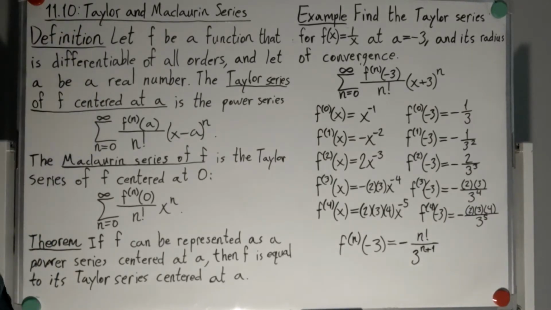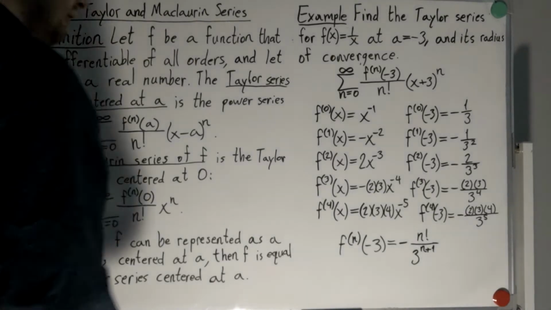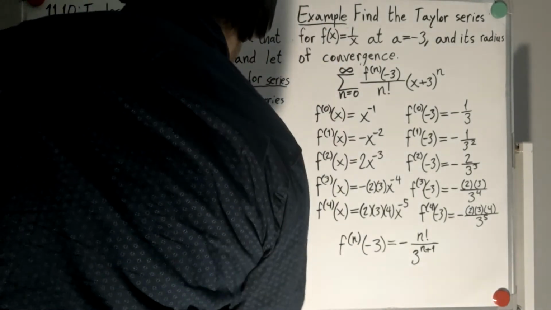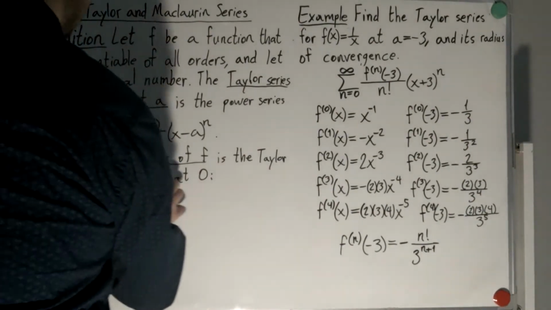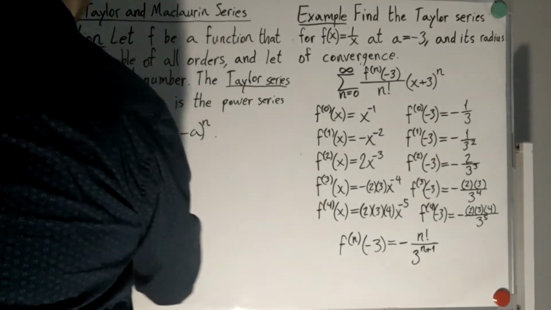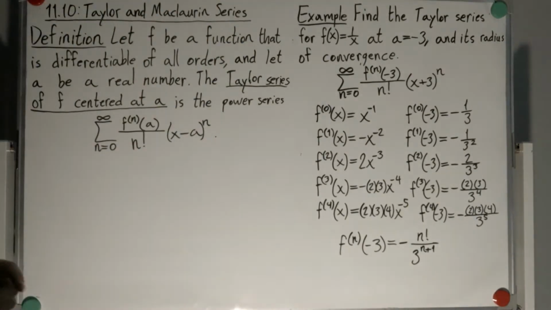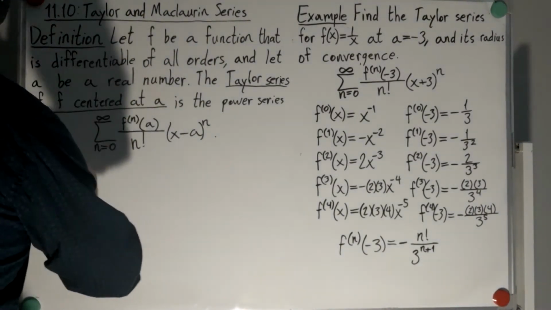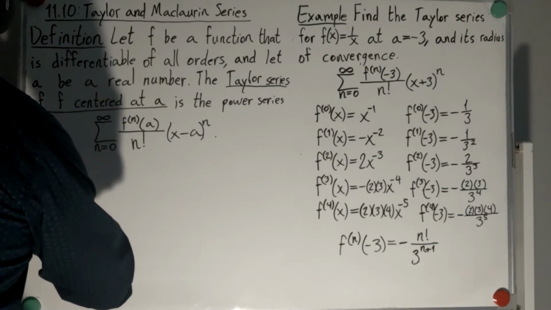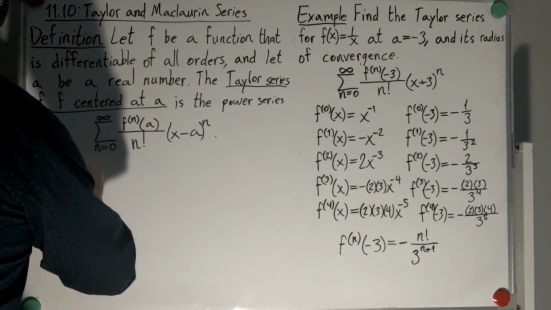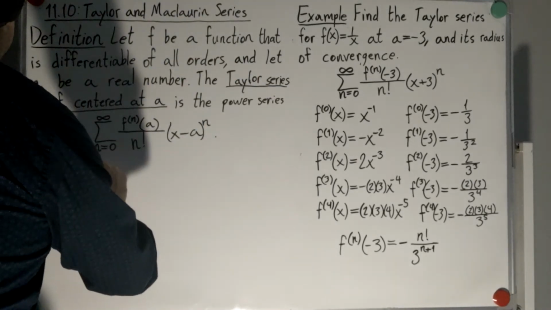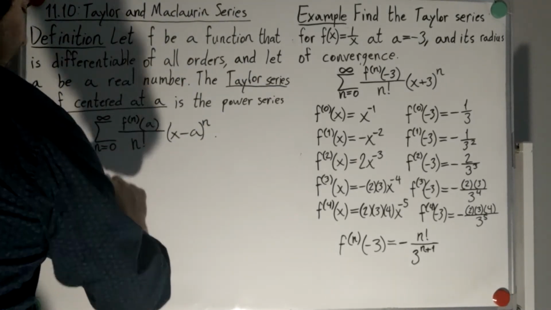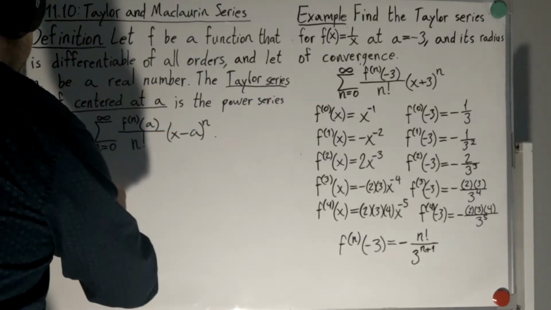And now that we've got that, we can write down the Taylor series. So I'm just going to erase this part and leave the definition up. So the Taylor series, well, according to the definition, it's just going to be the sum from n equals 0 to infinity of -n factorial divided by 3 to the n plus 1.